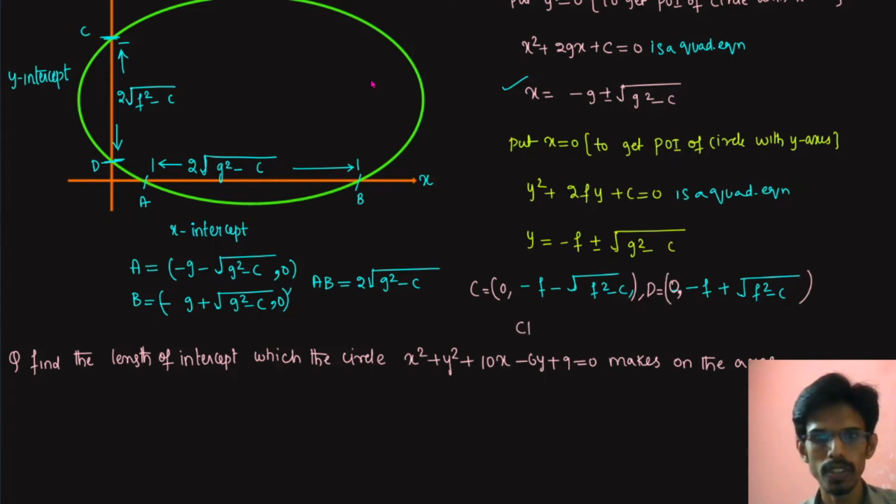If I get the distance CD, that will be 2 root f square minus c.